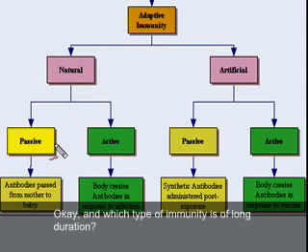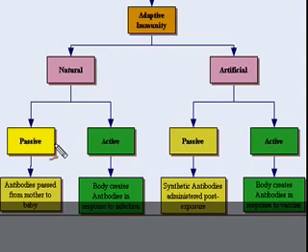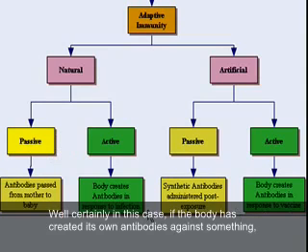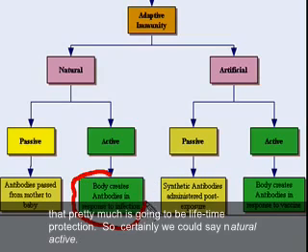Okay, and which type of immunity would be of long duration? Well, certainly in this case, if the body has created its own antibodies against something, that pretty much is going to be lifetime protection. So certainly we could say natural active.